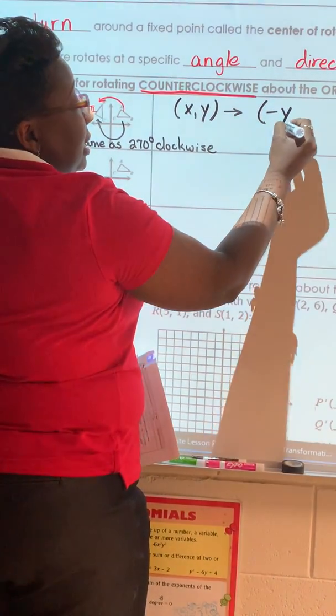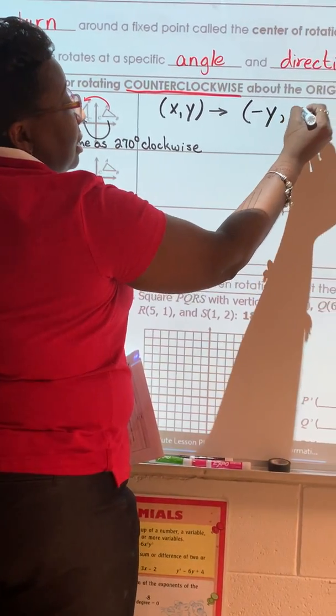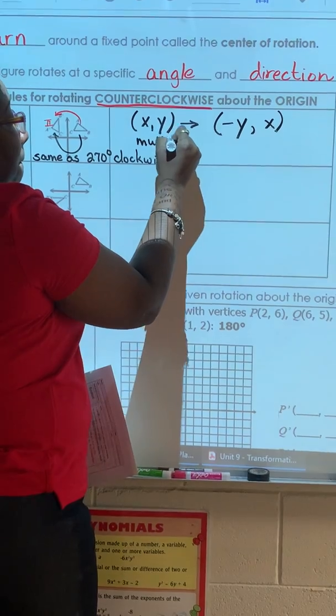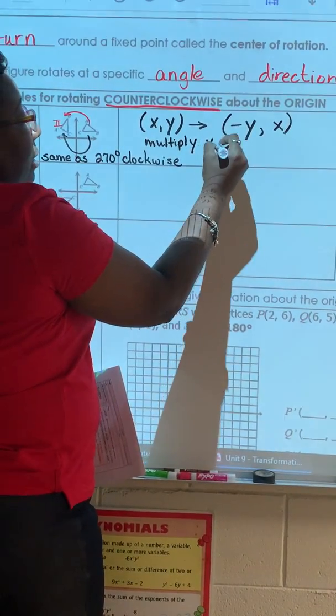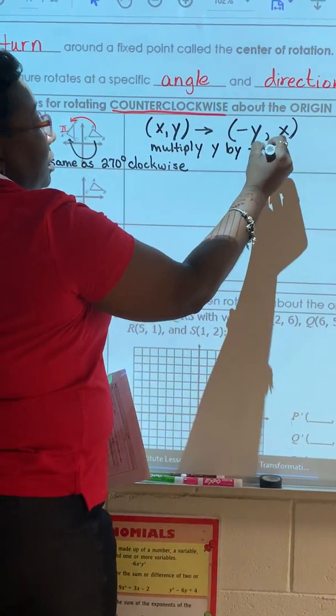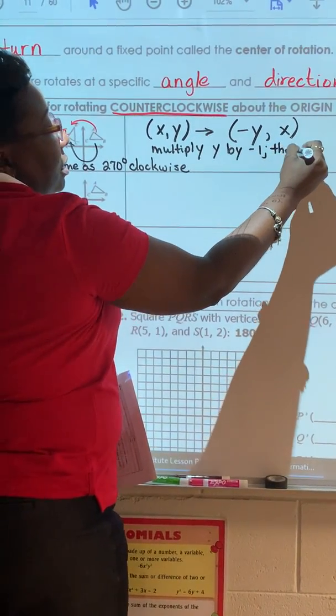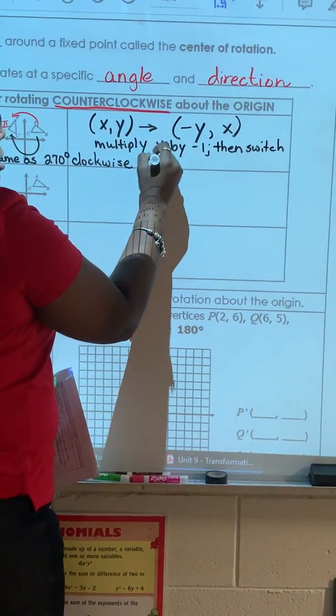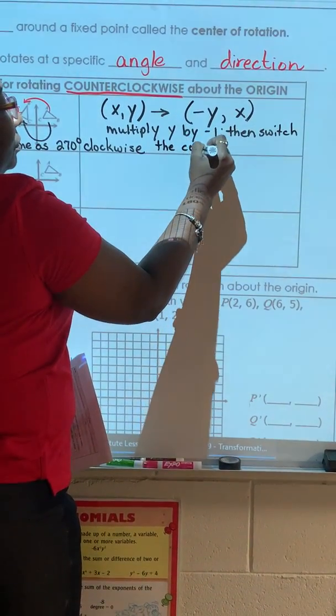So it becomes negative y, comma, x. So we multiply y by -1, then switch the coordinates.